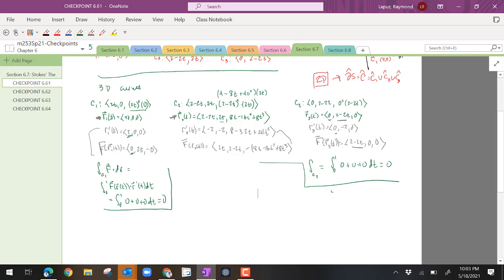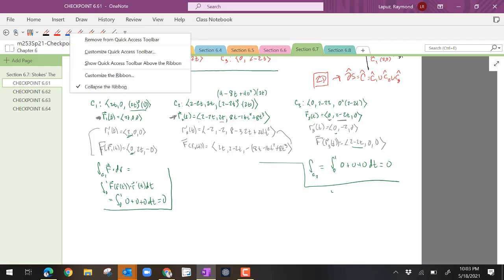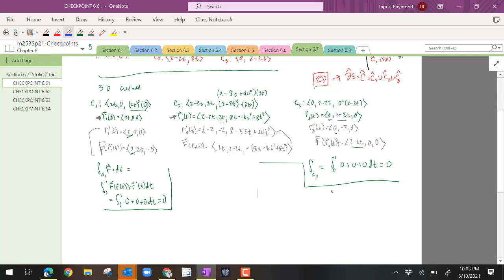All right, now let's do this one. So this one is not going to look very nice. In fact, it's going to be tedious with the algebra. So I'm going to actually take a shortcut, but let me write this out at least. C2 of f dotted with dr is going to be the integral from 0 to 1 of this thing.